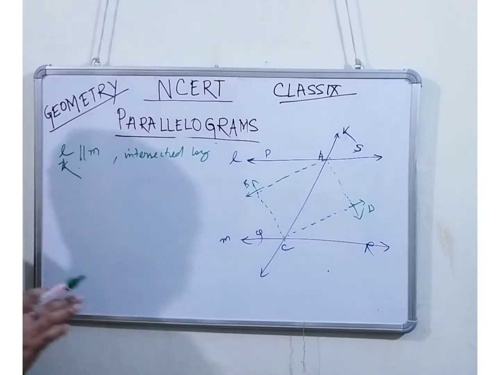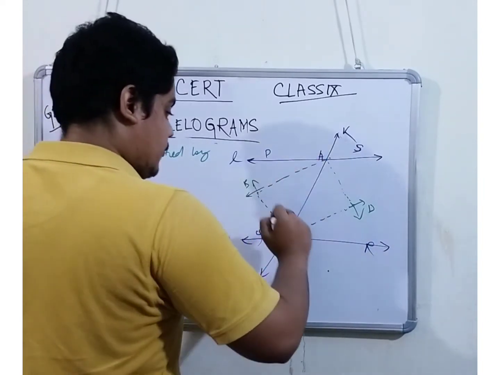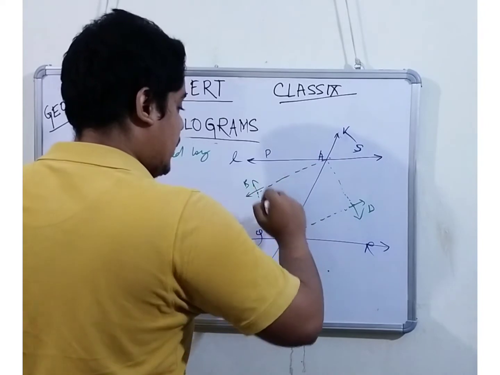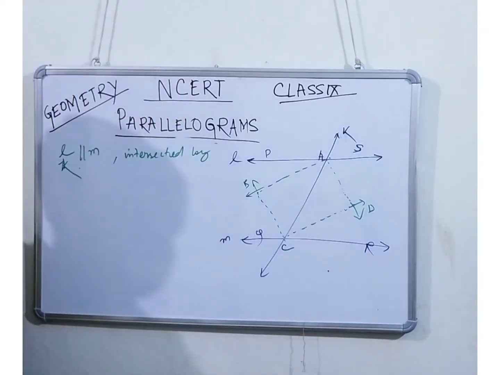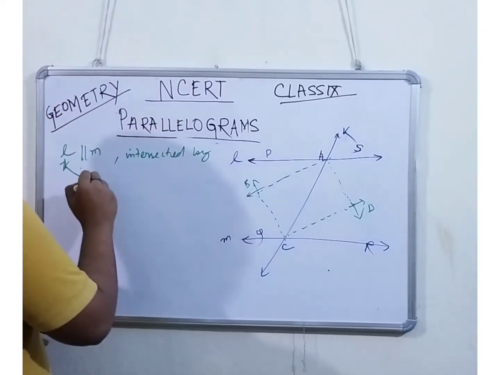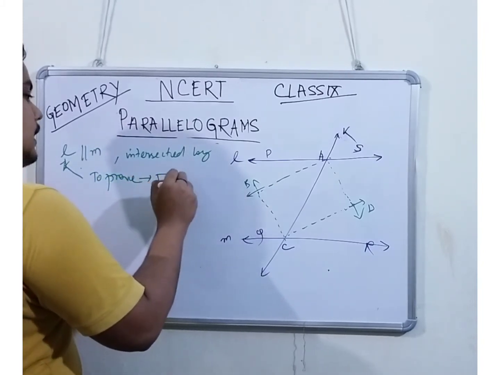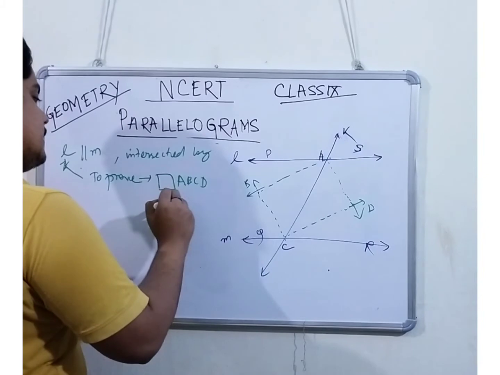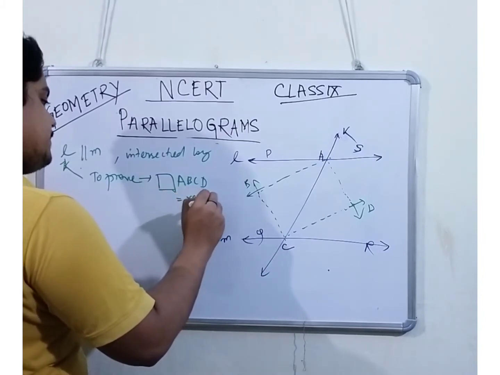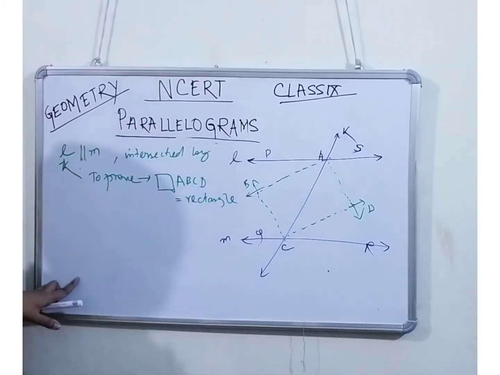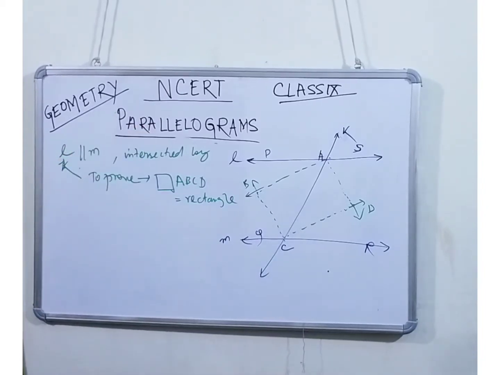What we have to prove is that the quadrilateral formed by the bisectors is a rectangle. So we have to prove ABCD is a rectangle. So let's start.